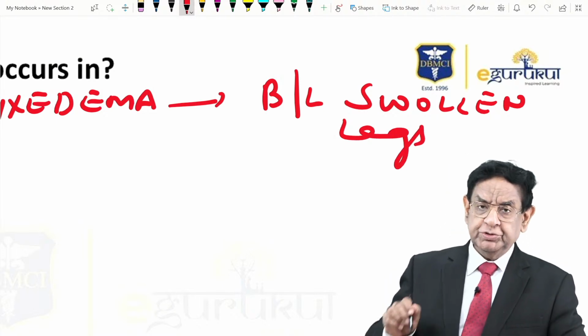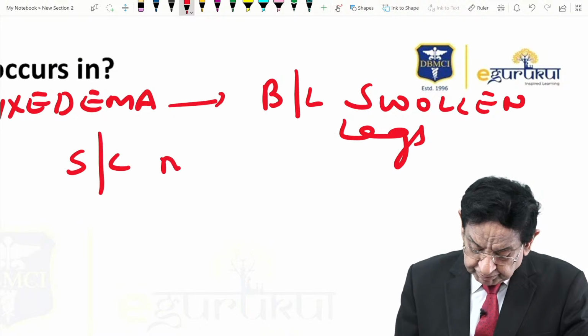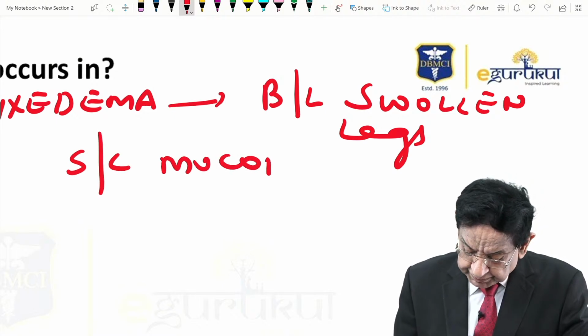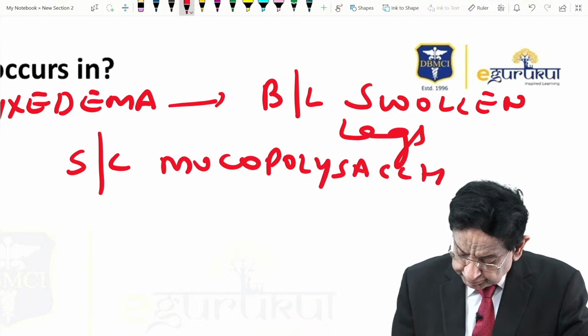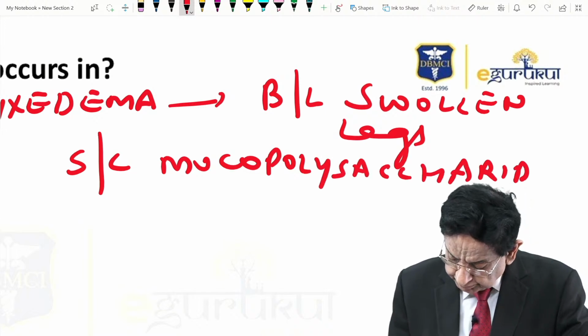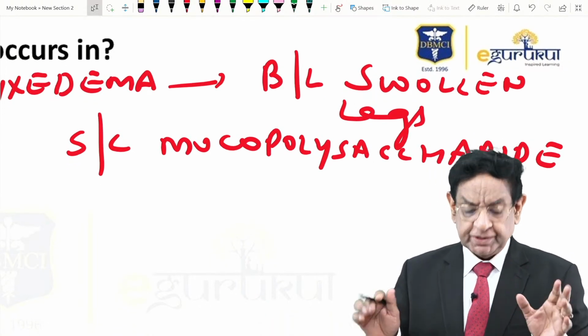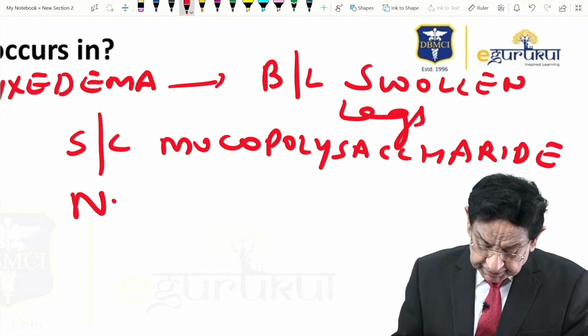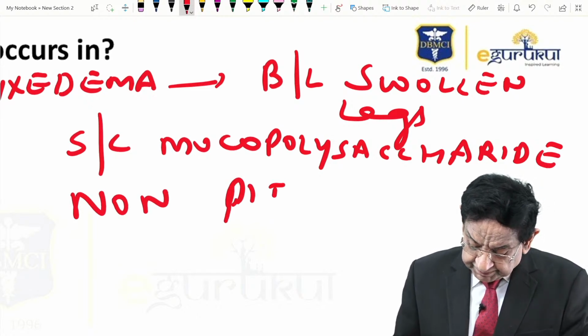This is due to subcutaneous deposition of mucopolysaccharide, which leads to non-pitting edema. Non-pitting edema.